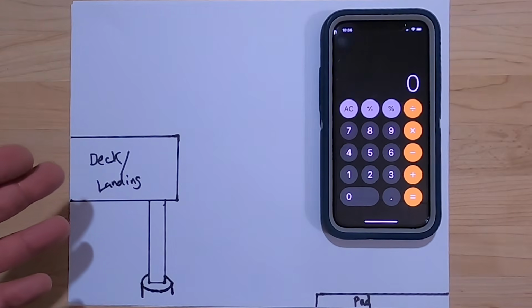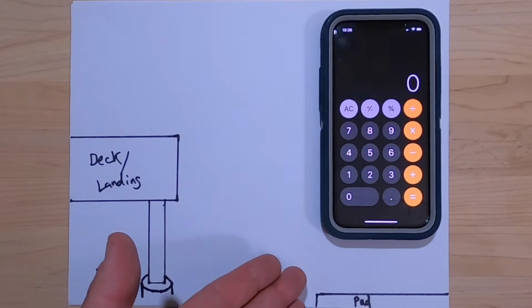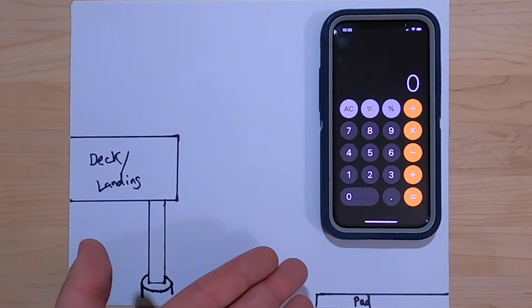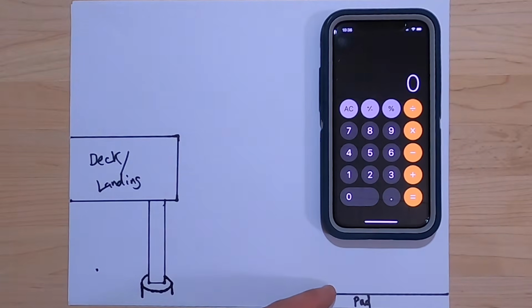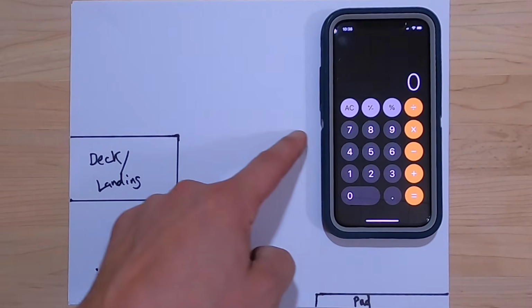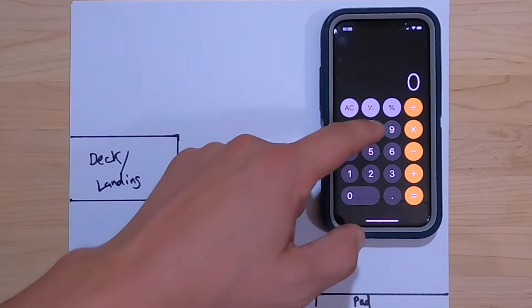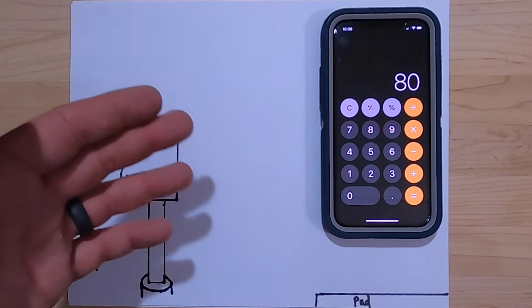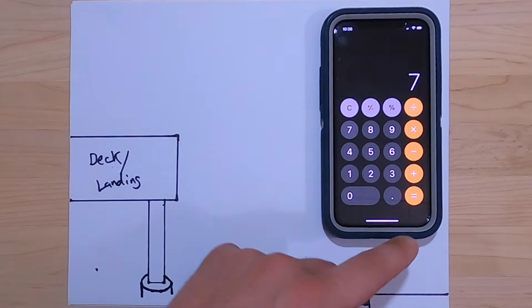So let's take a guess, and we're going to forget about this 22.5 because this is a short run. This is going to work for a longer run. So let's say your total rise right here from where you want the stairs to land up to the top of the landing is 80 inches. So we put in 80 inches, and I'm going to take a guess and say divide that by 7.